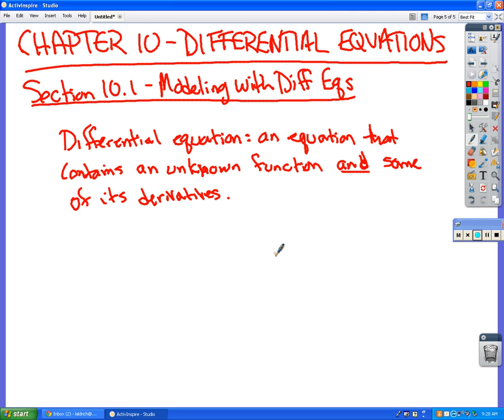Okay? So it's a regular old equation, but instead of just having an X or a Y in there, it's got some derivatives in there too, okay? And so to solve a differential equation, since it's got derivatives in there, what do you have to do?